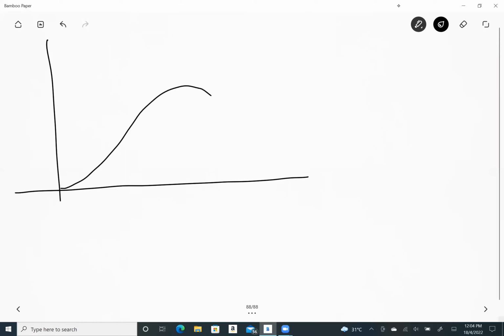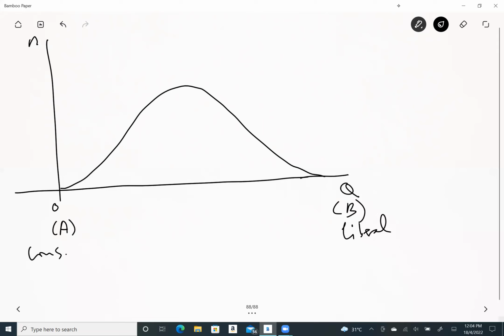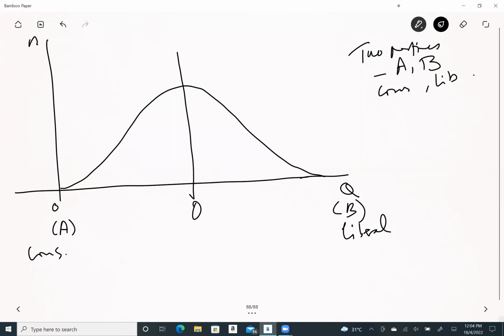You have this diagram, U and here 0. Here you have coalition A, and that is coalition B, or sometimes you can call it conservative and liberal. So you have two parties or two coalitions, A and B, or conservative and liberal, taking positions, and that is the median Q.